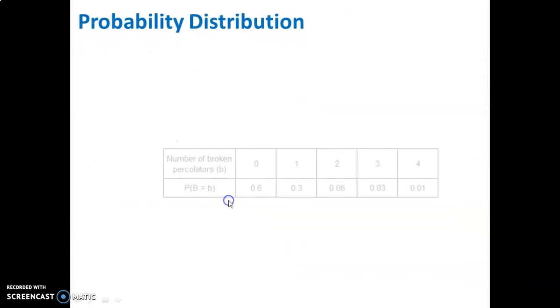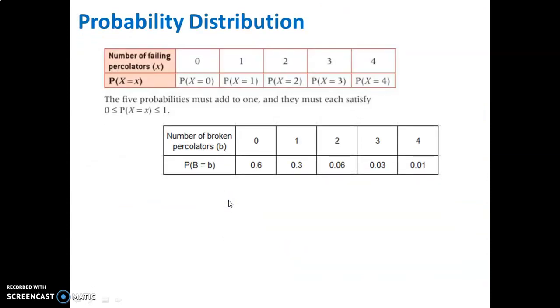Okay, with that, let's talk about probability distribution in some more detail. To summarize, the general table for probability distribution looks like this. We have the number of something and then the probability of each of the things here. In our specific example, rather than using these symbols, we know what those probabilities are, so I just wrote them in here.